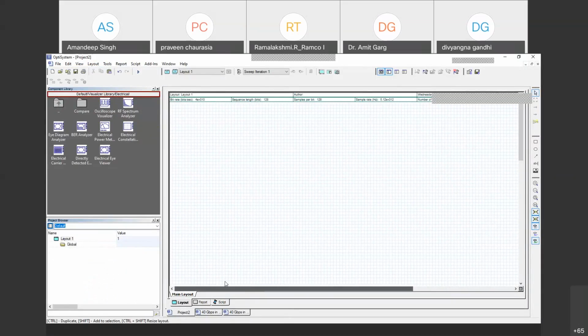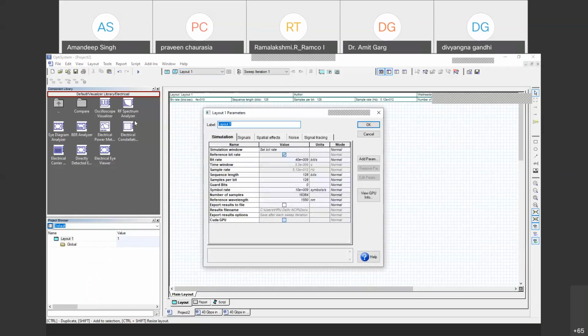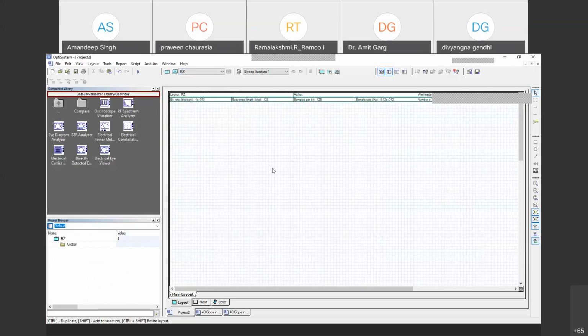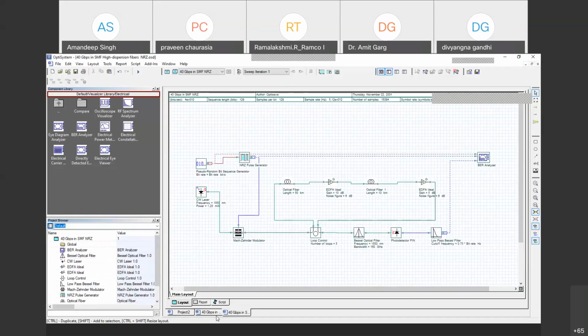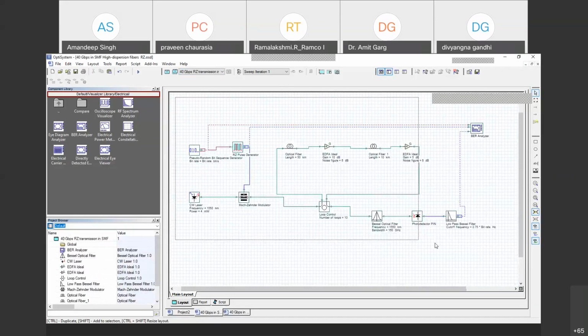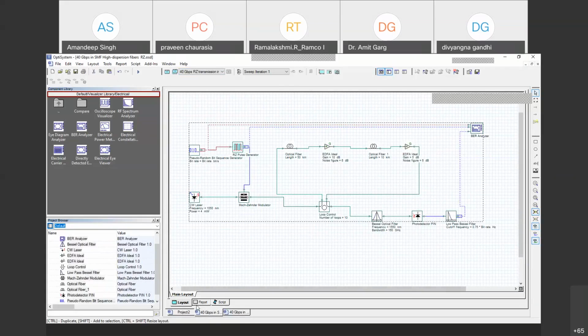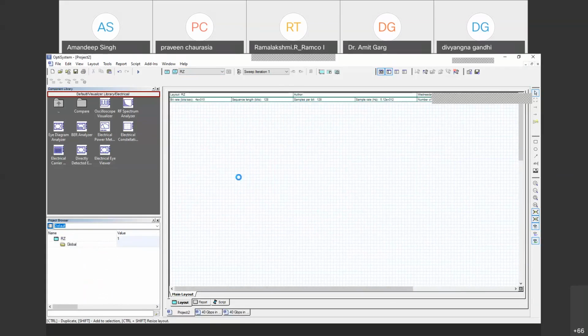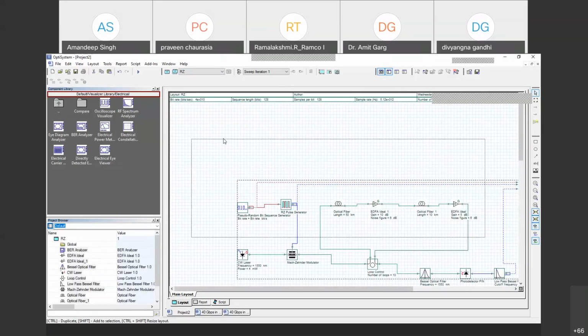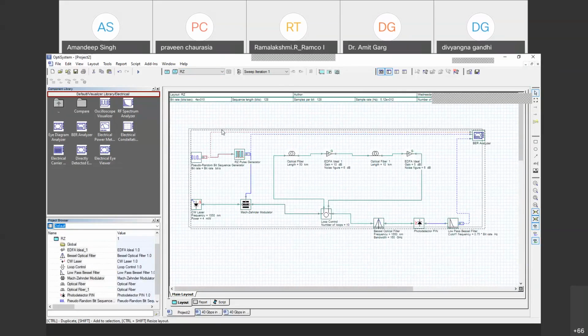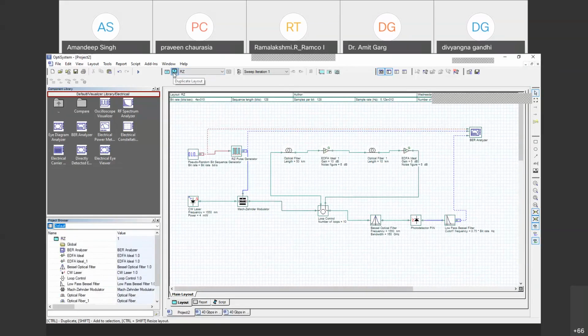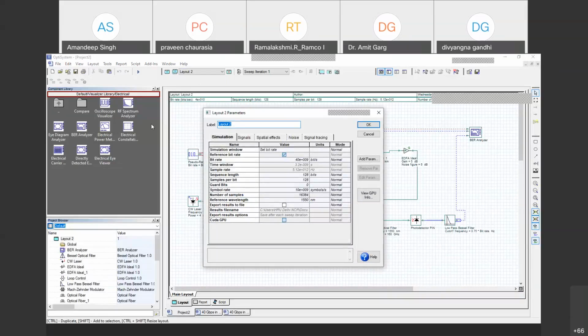For comparison between two layouts, what you can do is, for example, this is for RZ. So for RZ, the window for RZ, and same place for layout 2. This is for NRZ.